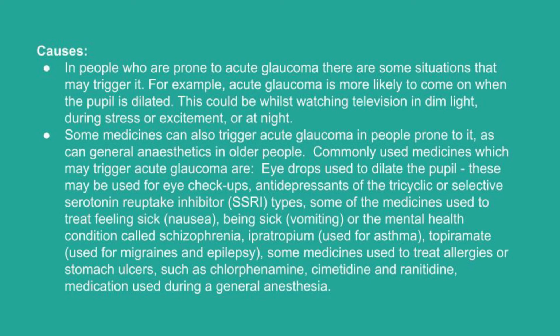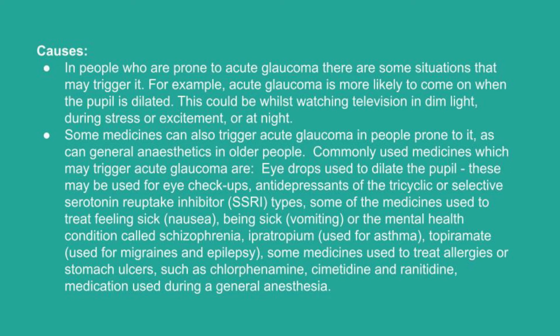Some medicines can also trigger acute glaucoma in people prone to it, as can being under general anesthesia in older people. So commonly used medicines which may trigger acute glaucoma are the eye drops that are used to dilate the pupil, which are used for eye checkups, and certain types of antidepressants, like the tricyclic antidepressants or the SSRI types.